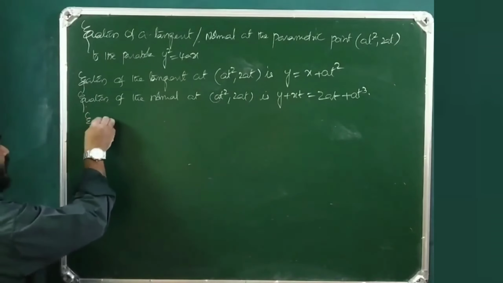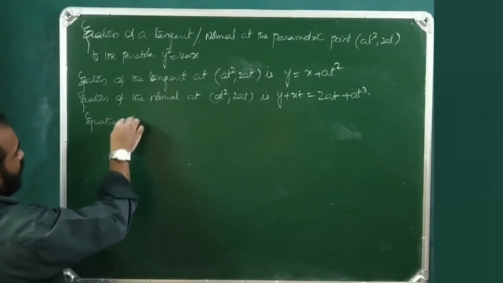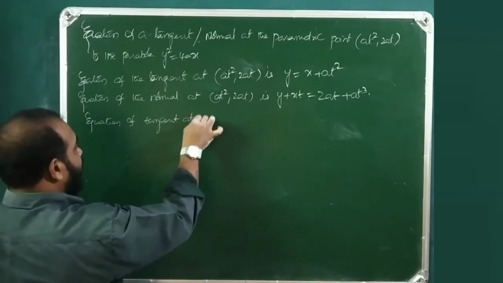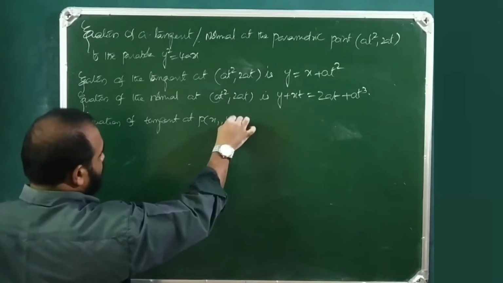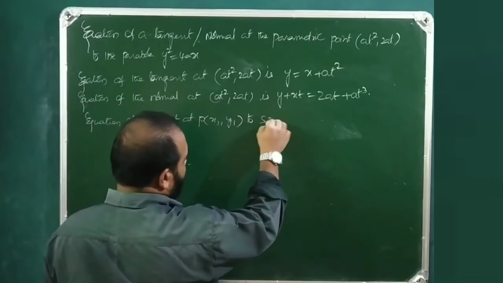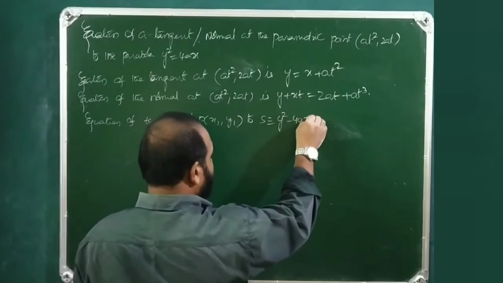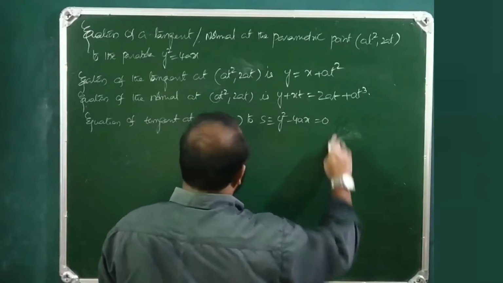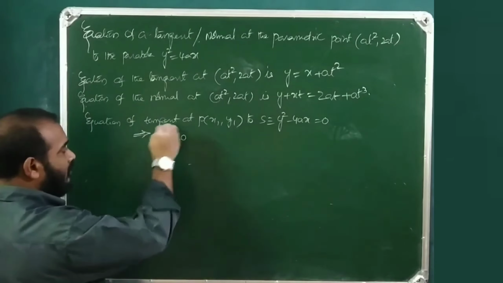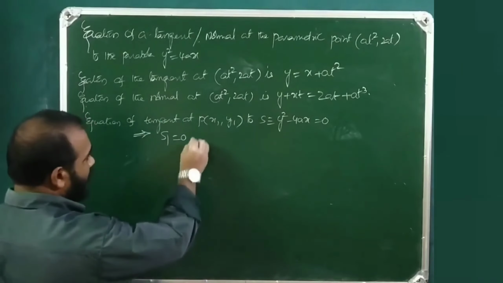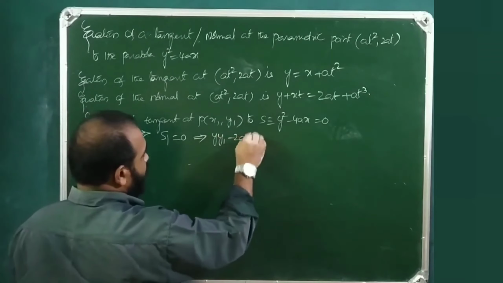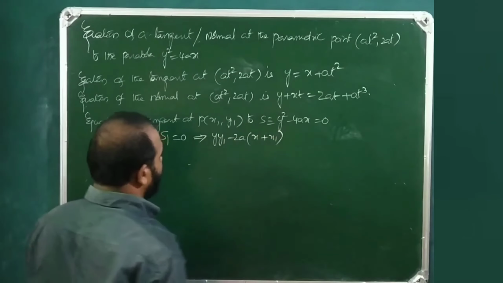What is the equation of the tangent at P(x1, y1) to the parabola S: y² - 4ax = 0? That is S1 = 0, right? What is S1? y·y1 - 2a(x + x1).